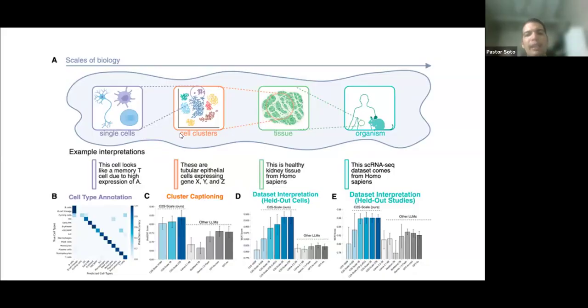They also have dataset interpretation, which asks at the tissue level and then at the organism level. So they have a different range of tasks that they wanted to test.